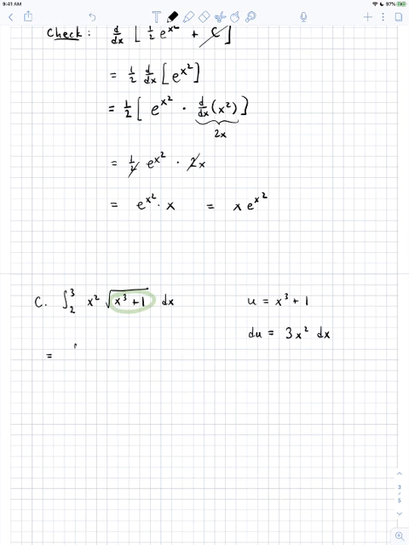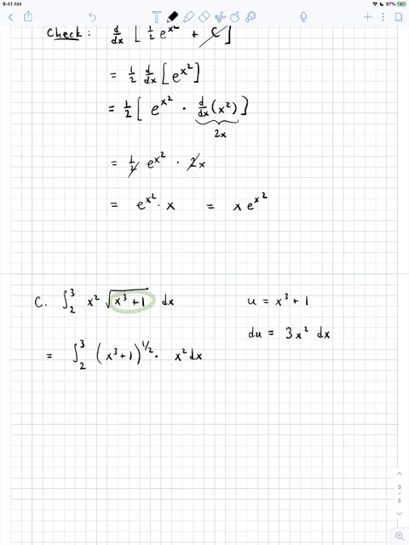Let me just rewrite this again, like before. The definite integral from 2 to 3, and I'm going to write this as x cubed plus 1 raised to the 1/2 power times x squared dx. Notice I left a little space there because I need a 3.